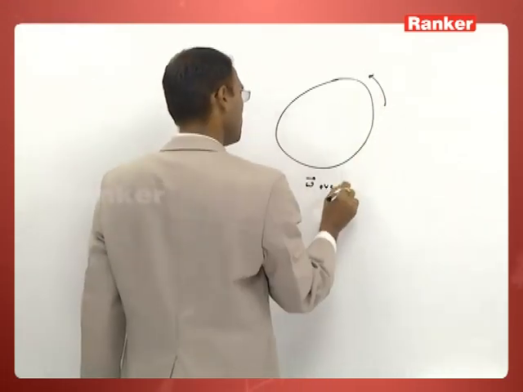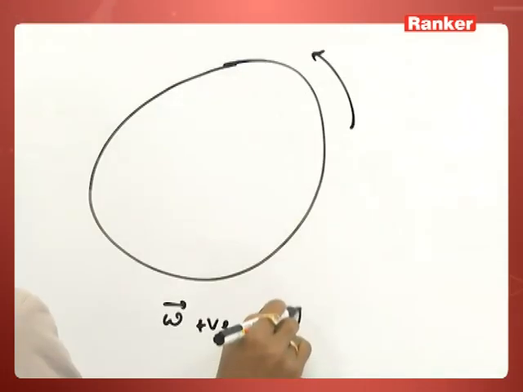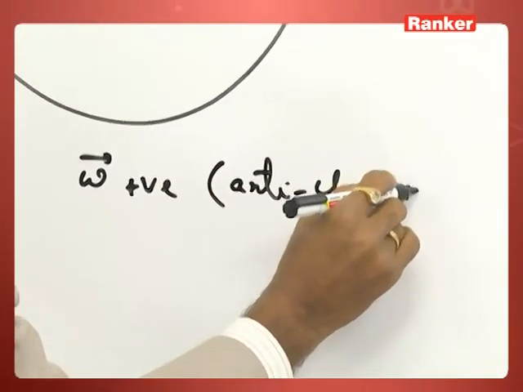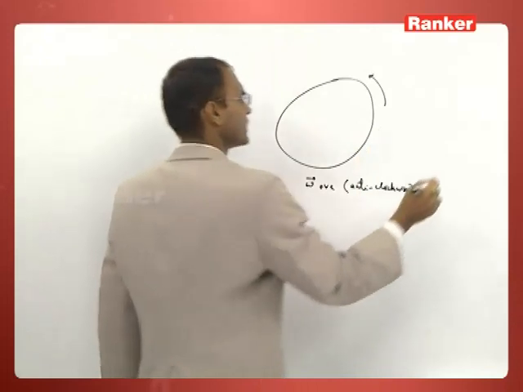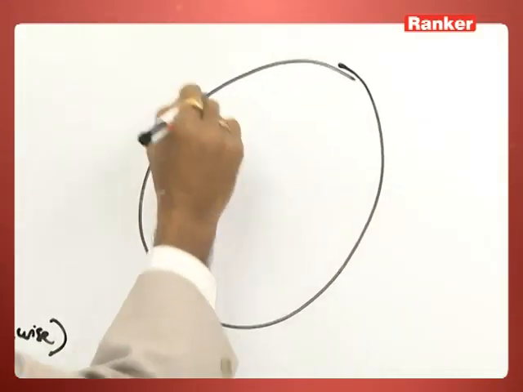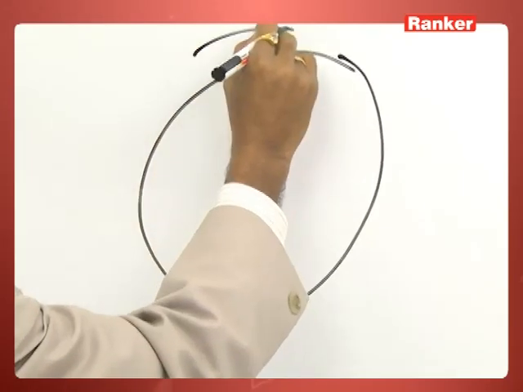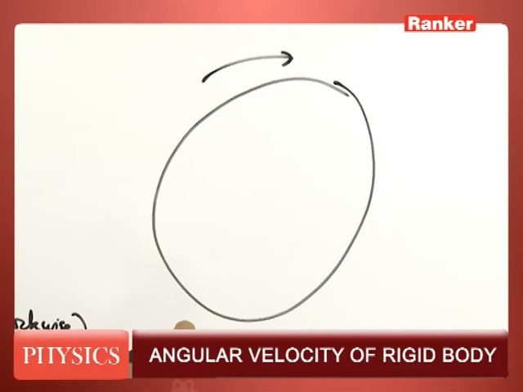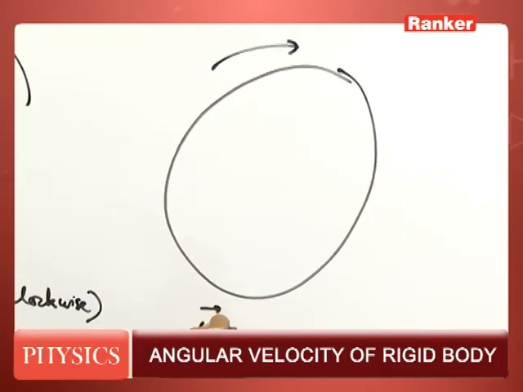What is this way? Anticlockwise. And if the rigid body rotates in a clockwise manner, the angular velocity is said to be negative.